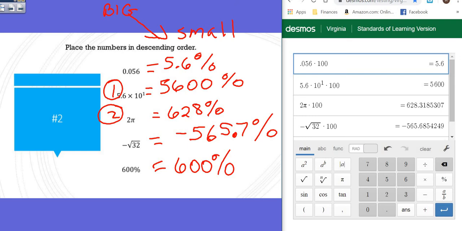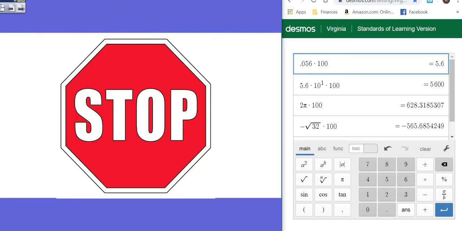Our third biggest number would be the 600%. We're going down. Then finally we'd get to the 5.6%, and the smallest number will always be that negative number. Okay, so just take your time and make sure you're getting those done. All right.